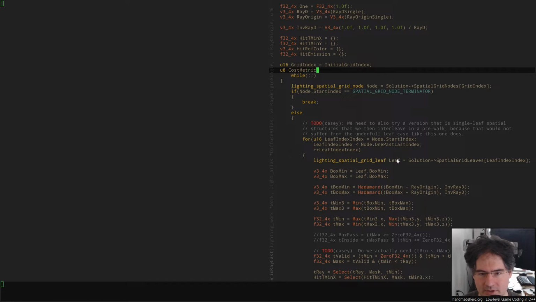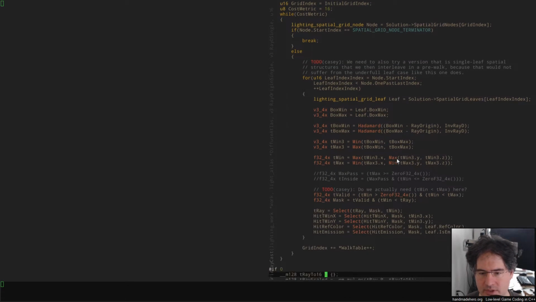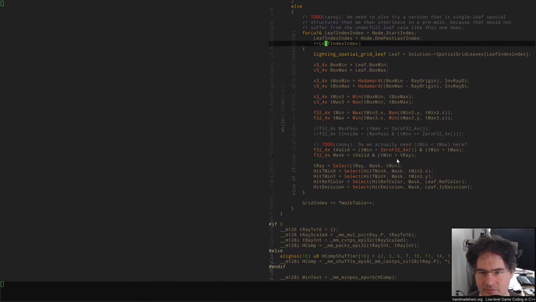So we want a cost metric, and the cost metric is maybe initialized to some specific value. Maybe that value is something like 16, I don't know. We'd basically say, while the cost metric is greater than 0, or I could just say, while the cost metric is not 0, as we come through this code, every time through this loop we subtract 1 from the cost metric.